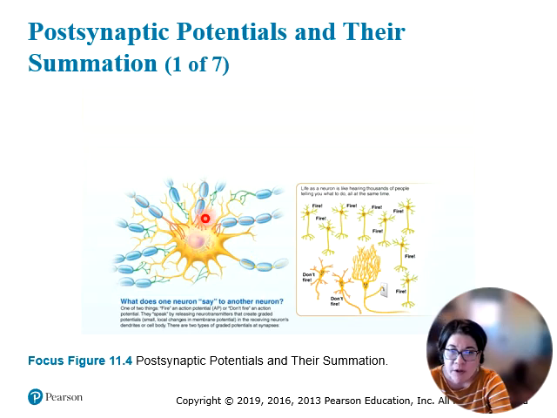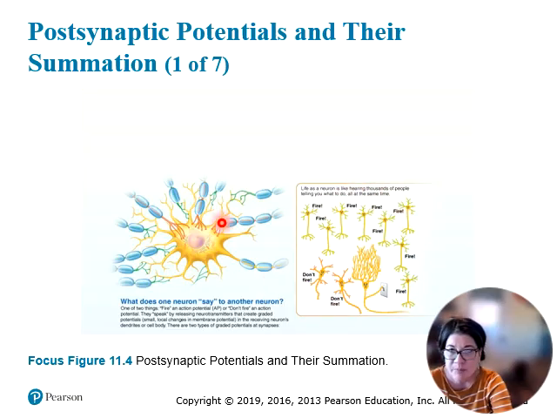This is showing you one cell body, one soma, and a whole bunch of tails connected to it, and they can all be stimulating this neuron at the same time, and their stimulus can be added together. So some of these are going to be saying fire, like conduct a nerve impulse. Some of them are going to be saying the opposite, don't fire, and it adds them all together to determine what to do.